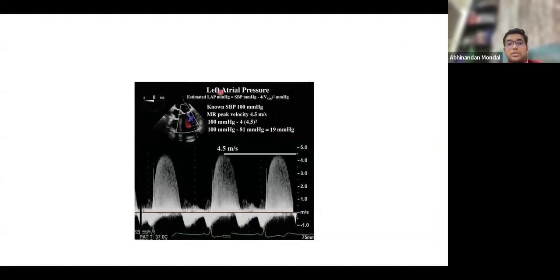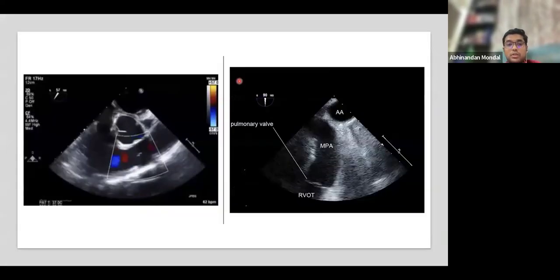What is the left atrial pressure? Left atrial pressure, just like your MR, is a Vmax of MR. If you know your systolic blood pressure is 100 and MR peak velocity is 4.5, then 100 minus 4 into 4.5 whole square will give you the 19 millimeter of mercury left atrial pressure.